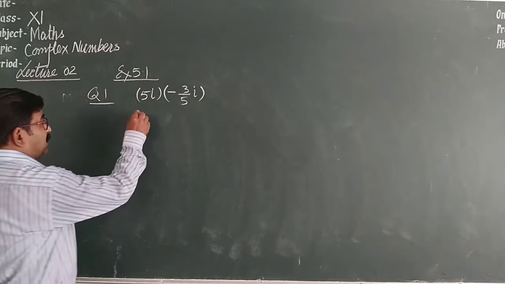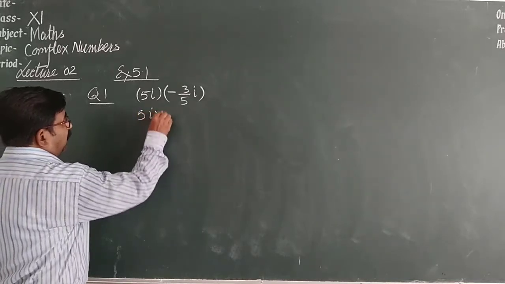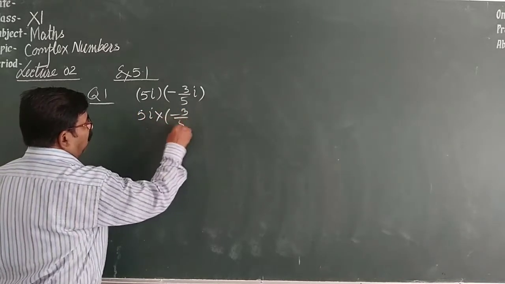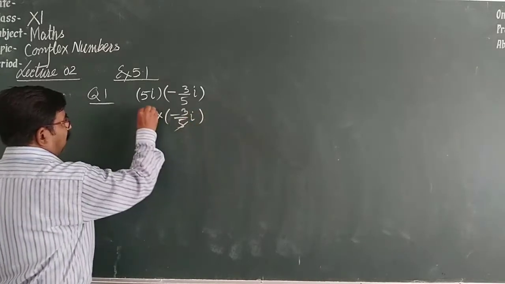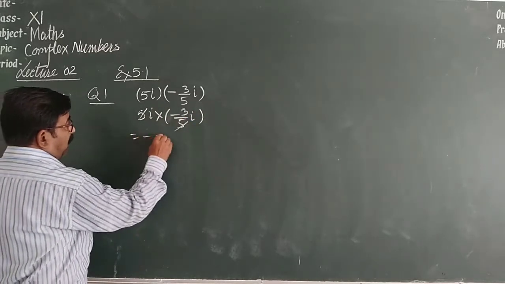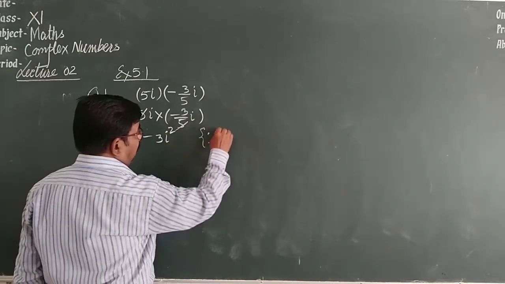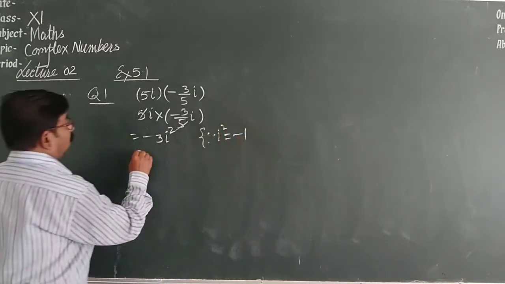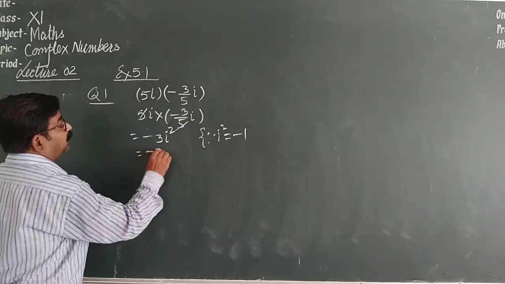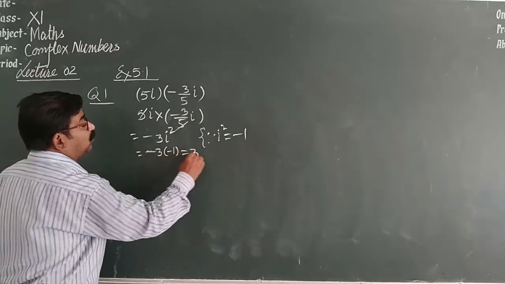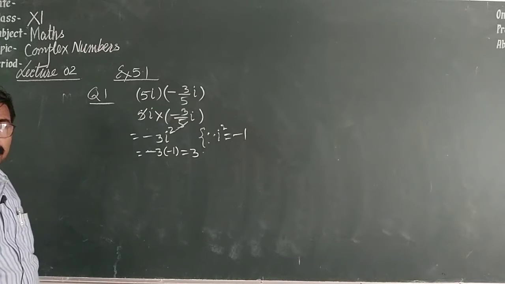Simply multiply this, 5i into minus 3 upon 5i. 5 and 5 will go. What do we have? Minus 3i square. And since i square is equal to minus 1, minus 3 into minus 1 is equal to 3. It is the real part.